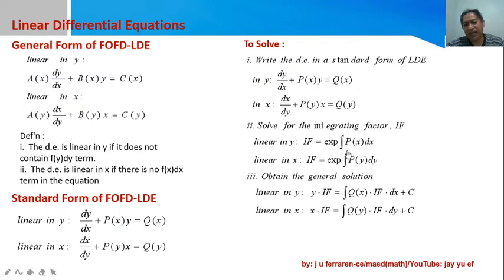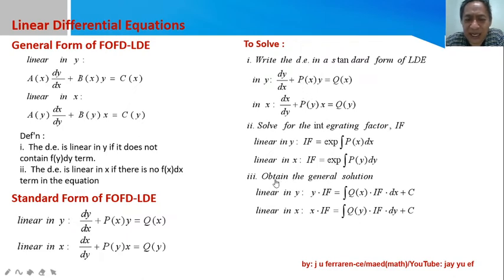If the DE is linear in x, the integrating factor can be taken from the same formula, but the function is a function of y, and the variable of integration is also y. The P of y is taken from the standard form. That is why it is important to write our equation in the standard form.